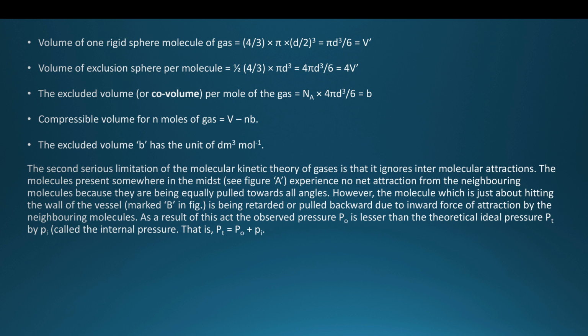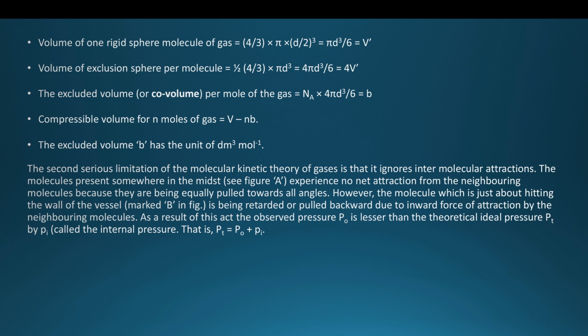Volume of one rigid sphere molecule of gas equal to 4 by 3 pi times (d by 2) cubed. Volume of exclusion sphere per molecule is equal to 4 pi d cube by 6, meaning 4 times the volume of a molecule.